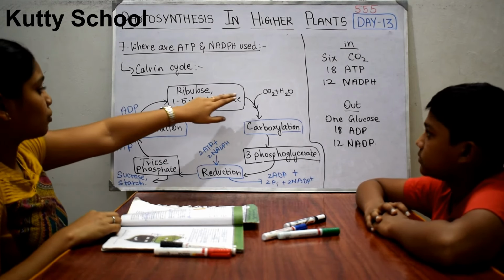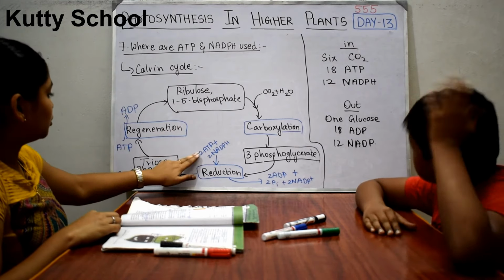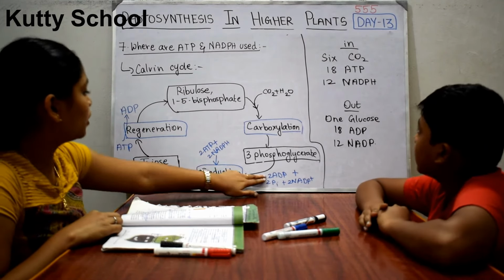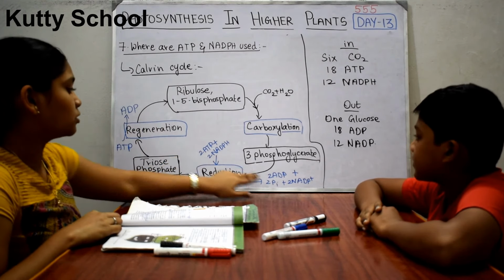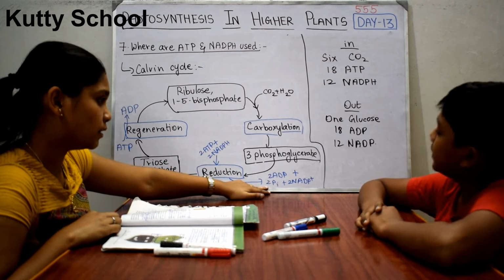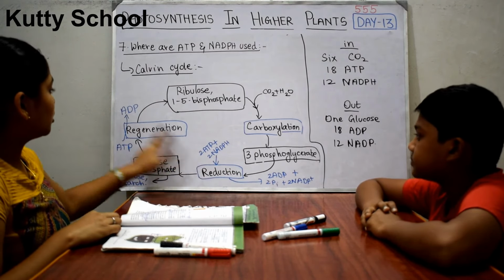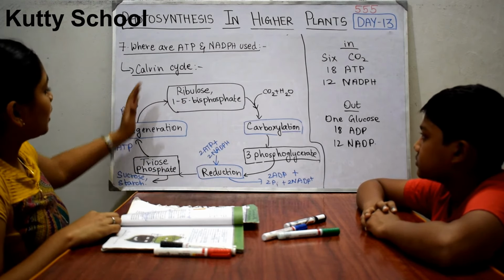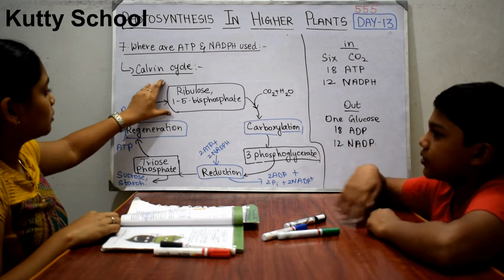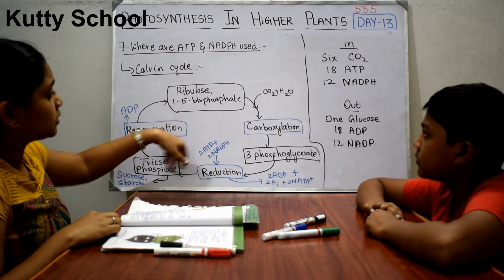So totally for one CO2, 3 ATPs are used to give 3 ADP, that is 2 plus 1. Overall, 2 NADPH is converted into 2 NADP+, whereas 3 ATP is converted into 3 ADP. After regeneration, it again regenerates ribulose 1,5-bisphosphate, and the cycle continues.